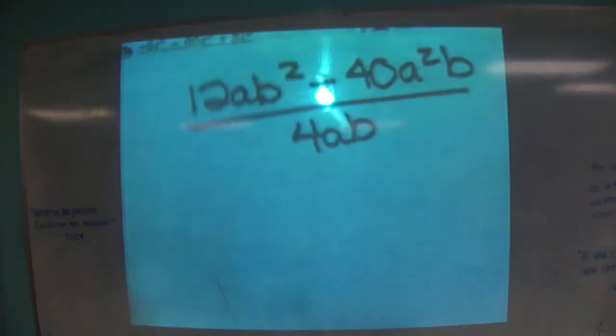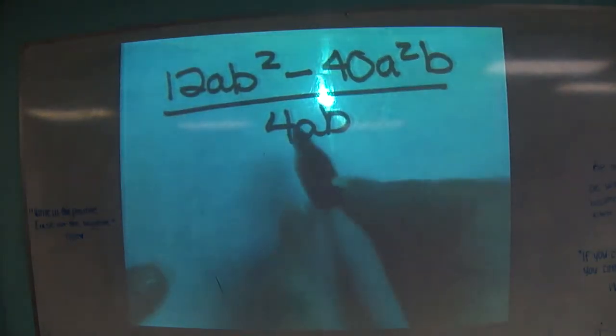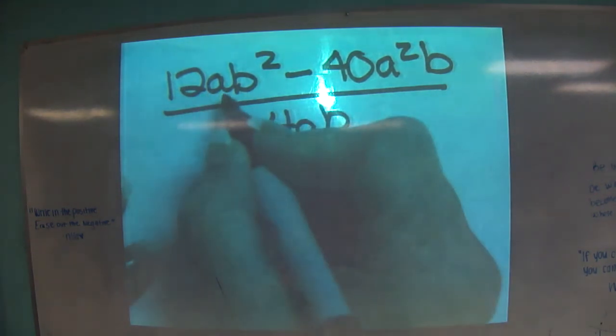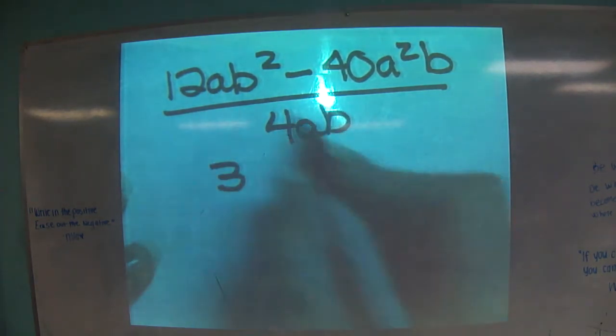12ab squared minus 40a squared b over 4ab. How many 4's in 12? 3. a and a, leave it alone.